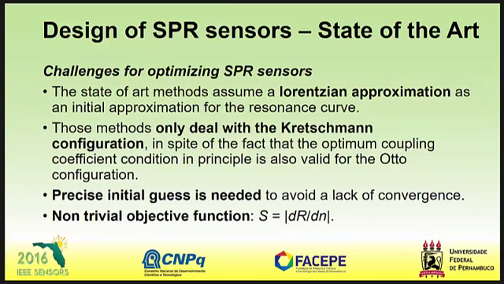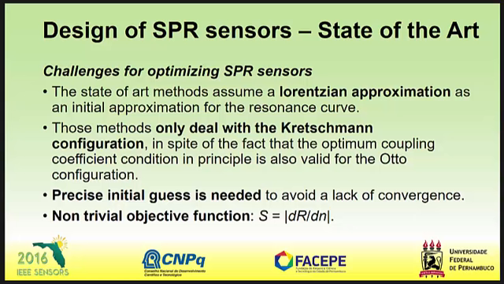So, the challenges for designing SPR sensors, I selected four here. The first one is that the methods described in the literature use a Lorentzian approximation as an initial approximation for the resonance curve. This approximation is very interesting because it gives us very good information about the physical phenomena and the sensitivity limits, but it does not describe exactly the resonance curve derived from the Fresnel equations.